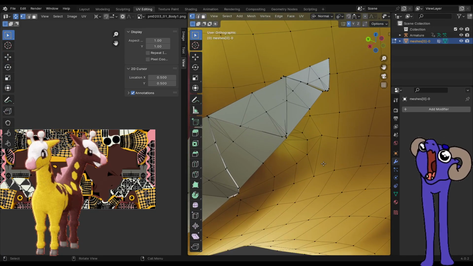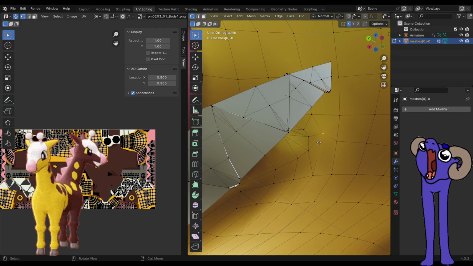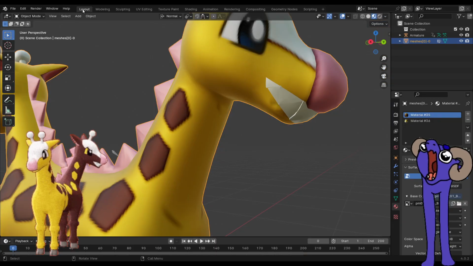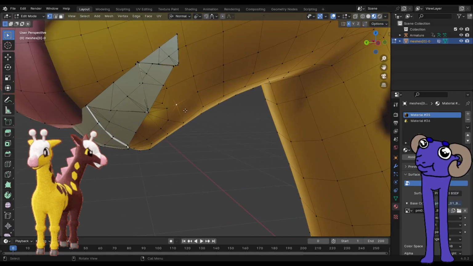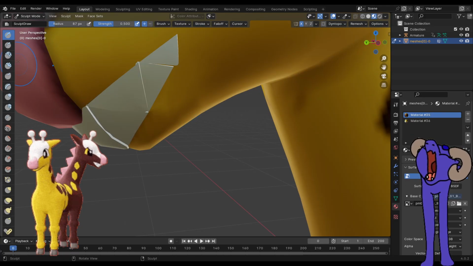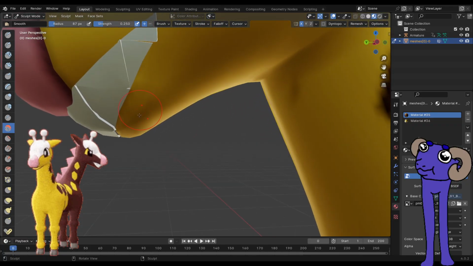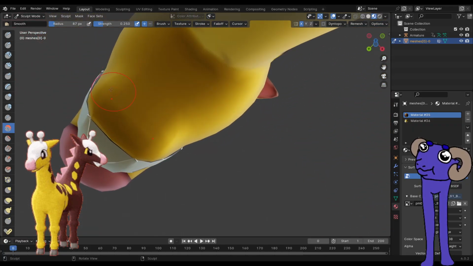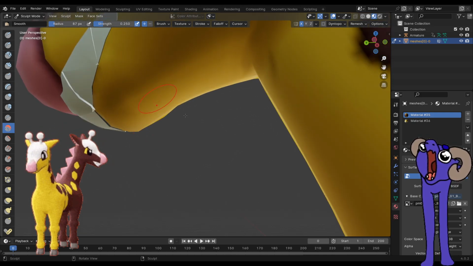You know what? That doesn't actually look that bad. I think I'm doing an okay job. Let's grab layout mode so I can go to sculpting easier, and we want a smooth brush. Just going to even that out a little bit.